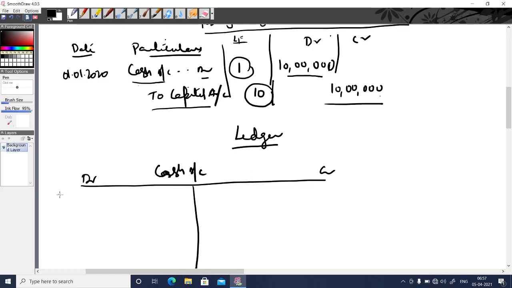Again I have some columns here: date column, particulars, JF number, rupees. Similarly date, particulars, JF number and rupees. I will open one more account because for posting this entry I need two accounts.